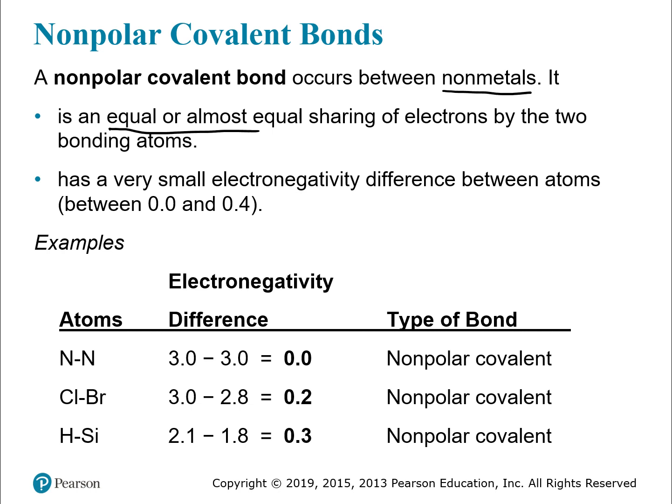Like I said, that table that has the electronegativity values is going to come in handy here. You can look up the individual atoms, like for instance, if you have N2, that's two nitrogen atoms bonded together. You take the difference between each of these atoms, which are the same, so 3 minus 3 gives you 0. That's a nonpolar covalent bond.